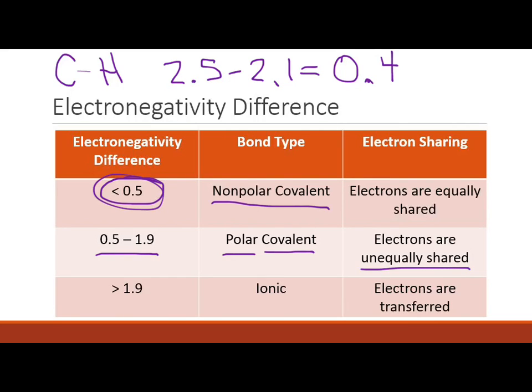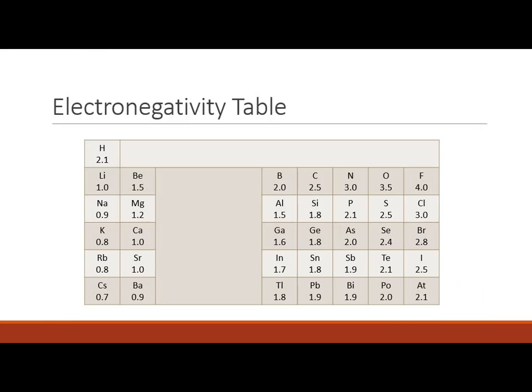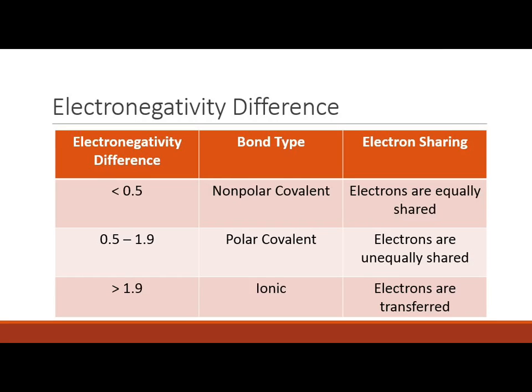This would be something like fluorine and carbon. So 4.0 minus 2.5 would be a difference of 1.5. If we go back to our table, you can see that a difference of 1.5 is a polar covalent bond.